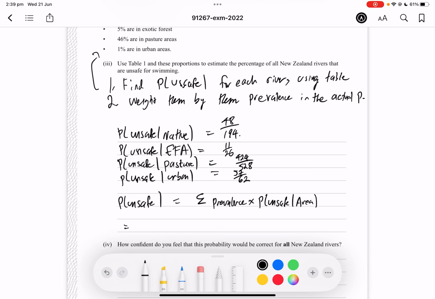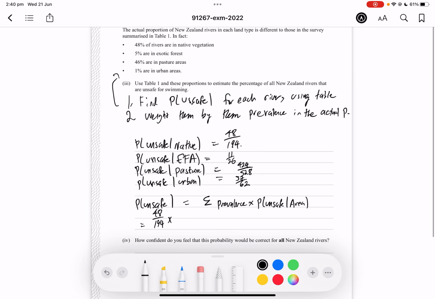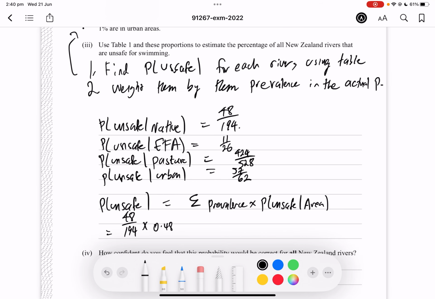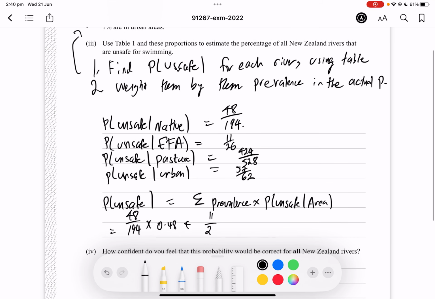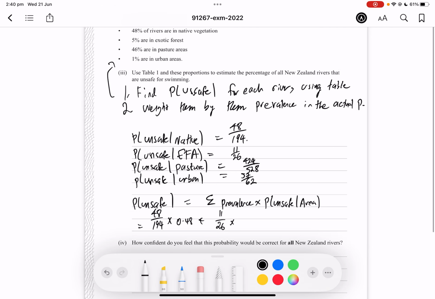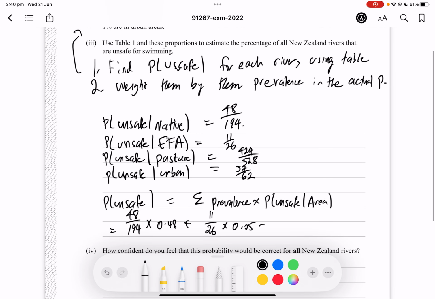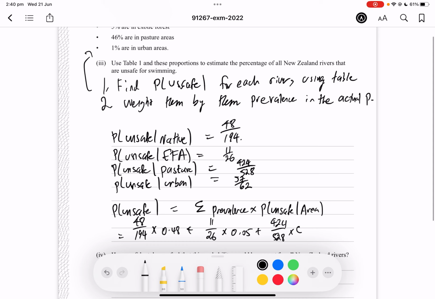That will be 48/194 times the native prevalence, 0.48, plus 11/26 times the prevalence of exotic forest areas, 0.05, plus 424/528 multiplied by 0.46.